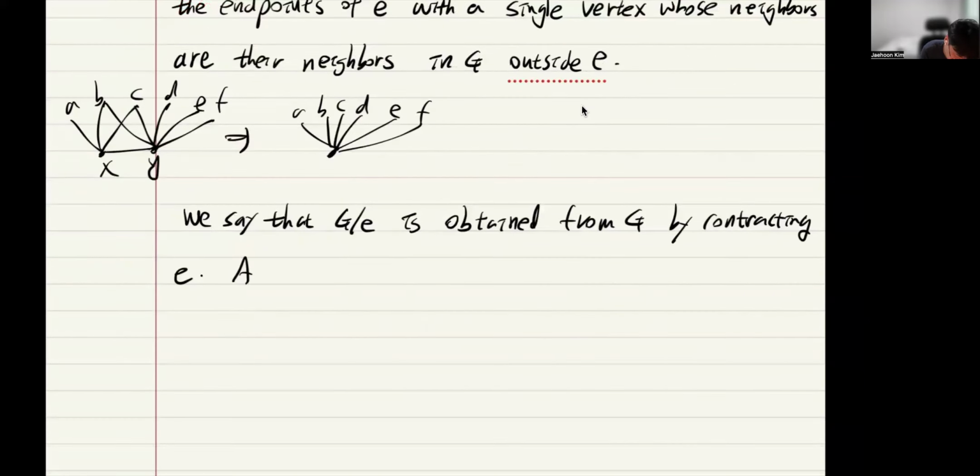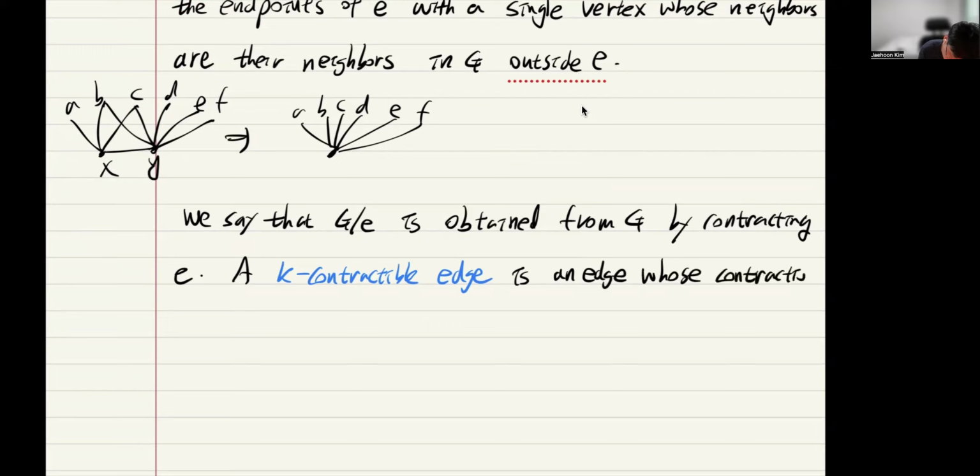And we say a k-contractible edge is an edge e such that contraction leaves a k-connected graph.